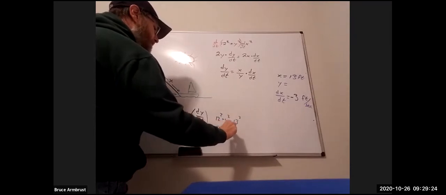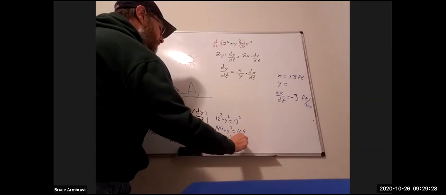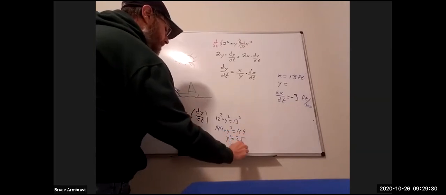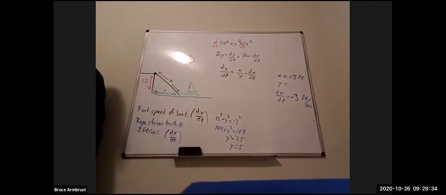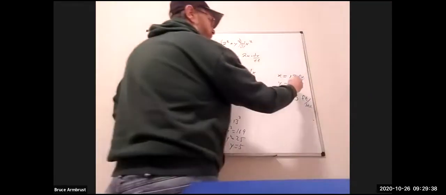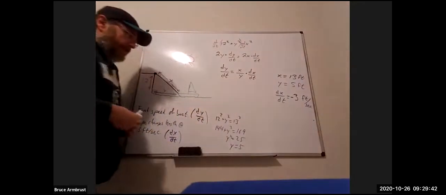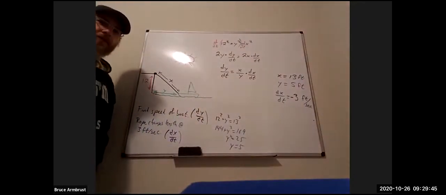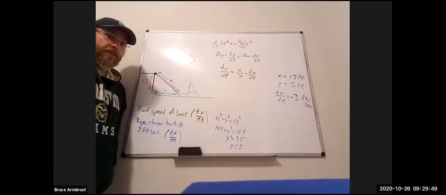That's 144 plus y squared equals 169. Y squared equals 25, or y equals 5. So at this point, when the rope is 13 feet long, the boat is 5 feet away from the dock. So it's almost in. We're almost done.